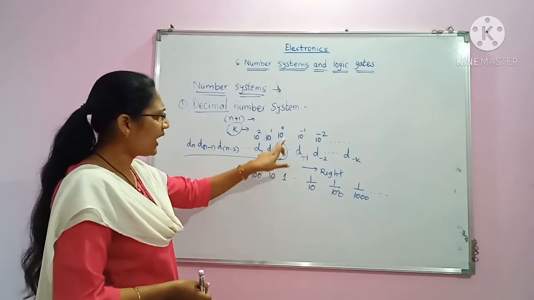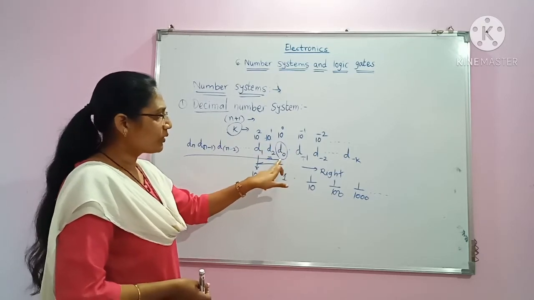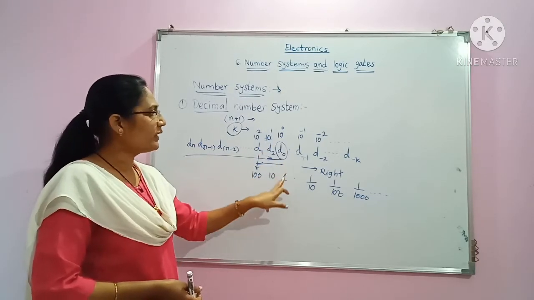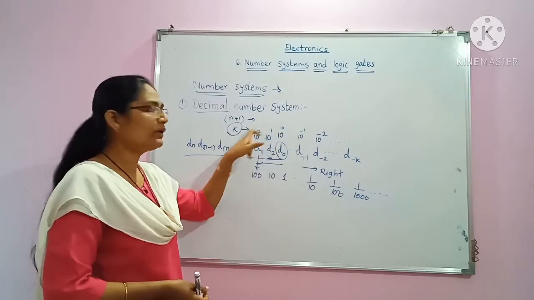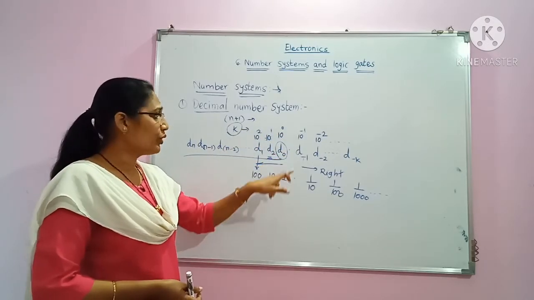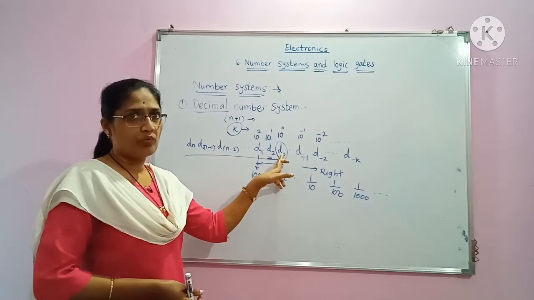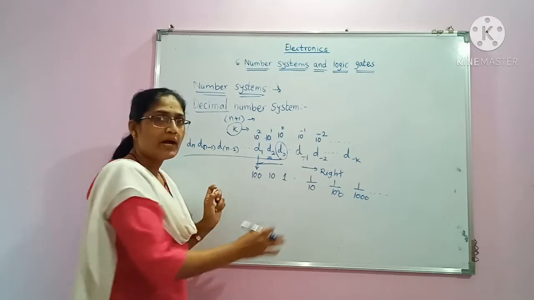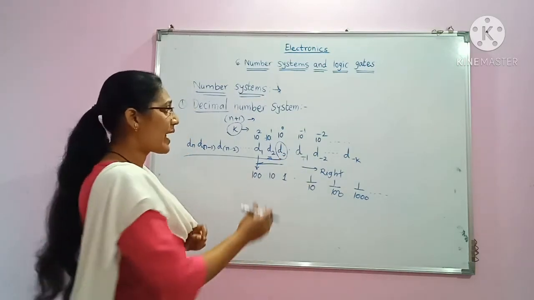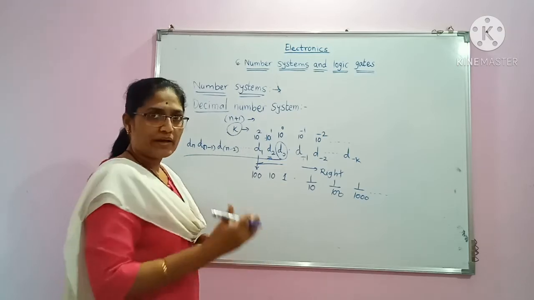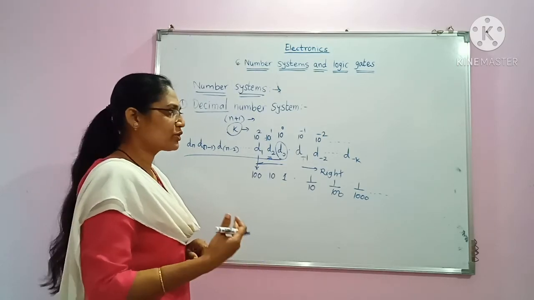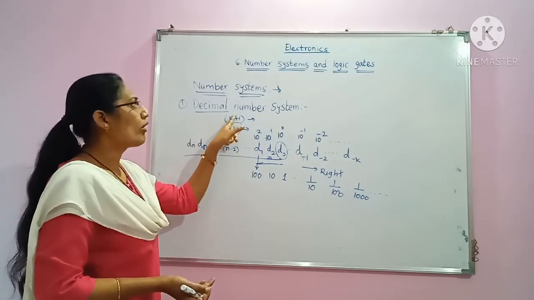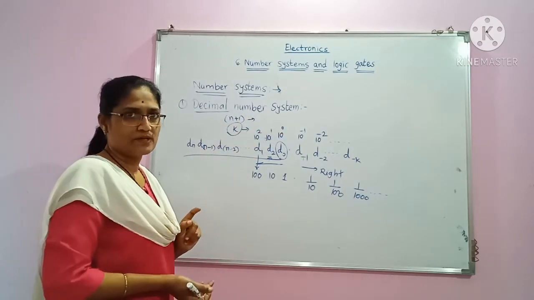In order to find the value of each digit, I have to multiply it with 10 raised to 0, 10 raised to 1, 10 raised to 2 as I move towards the left from the decimal point, and as I move towards the right from the decimal point, it will give us negative powers. I have to multiply with 10 raised to minus 1, 10 raised to minus 2, 10 raised to minus 3, and so on. And this will give me the value in the decimal number system.